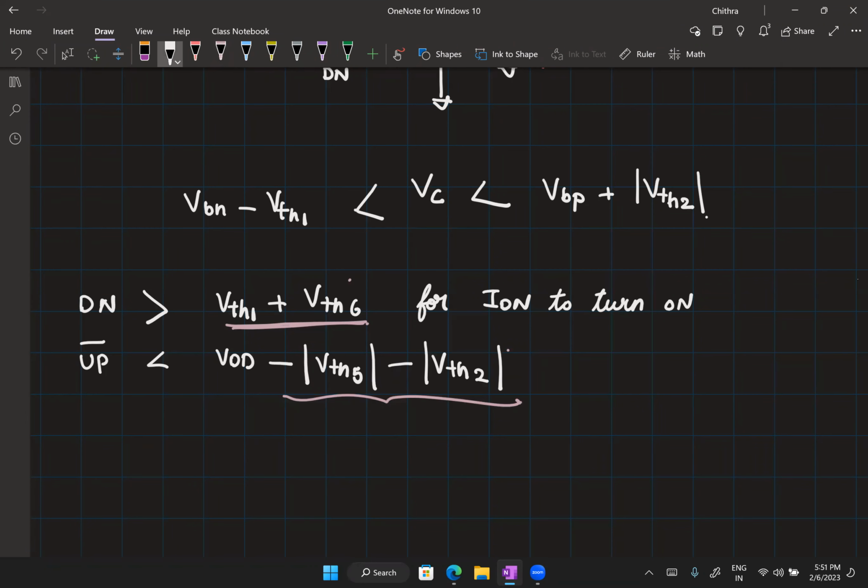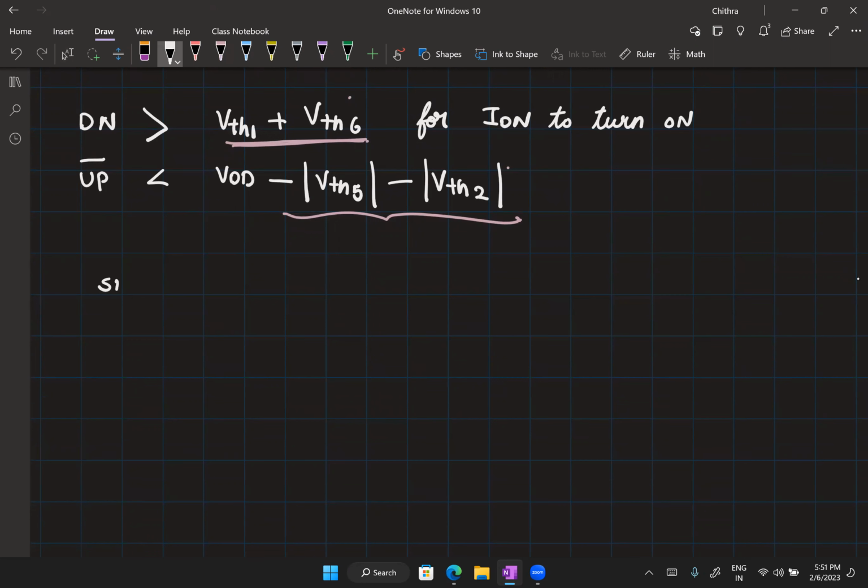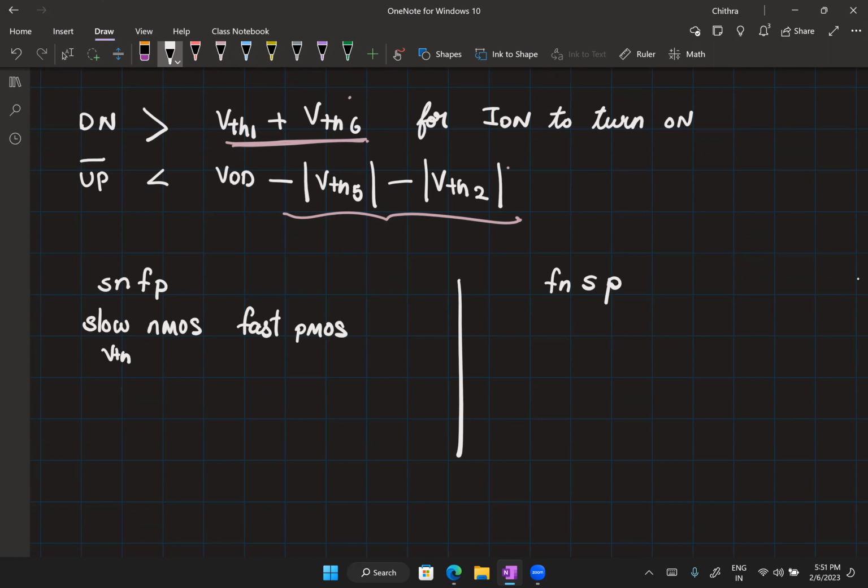So now if you remember, when we learned about the process corners, we also learned about SNFP and FNSP process corners. So this stands for slow NMOS and fast PMOS. So this means that the VTN is going to be a large value because it's going to turn on slowly, and VTP is going to be a small value.